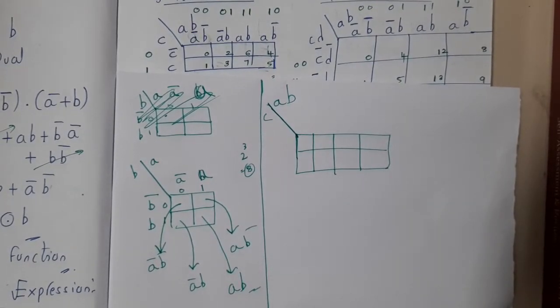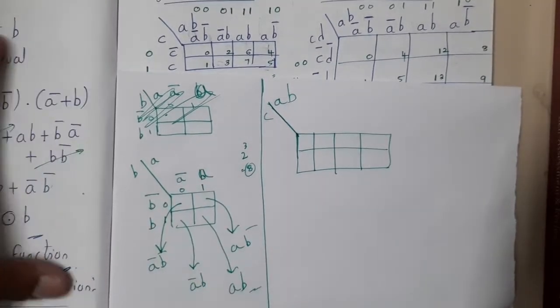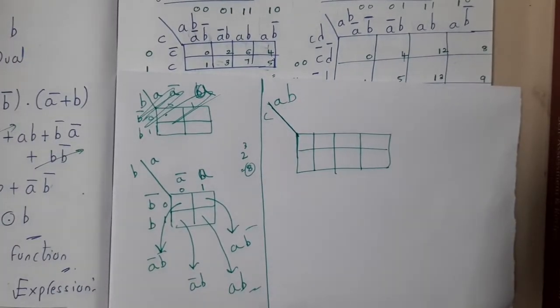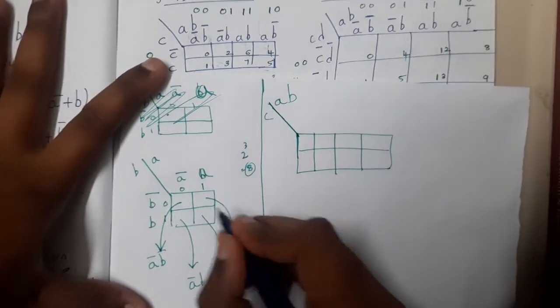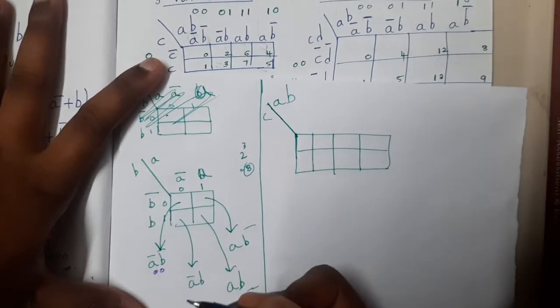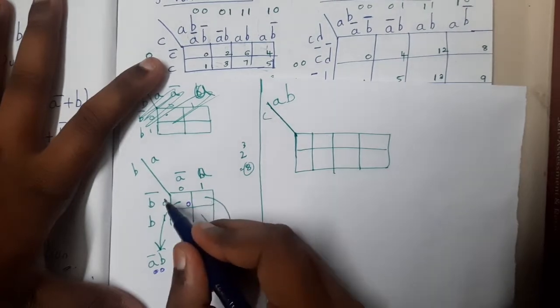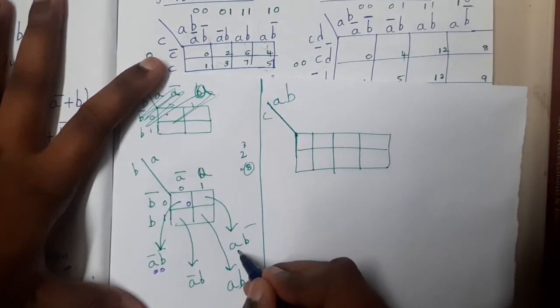And one more thing, whenever you are drawing these kinds of maps, you will write some numbers inside, guys. For our easy understanding, let me take some other color, let me take blue. So what is A bar, B bar, guys? It is 0, 0, right? So the value will be 0 here. Similarly, what is this value? It is 1, 0.